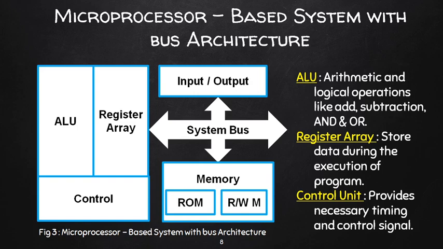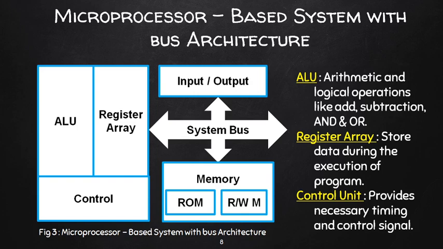As we can see, the microprocessor, input-output device and the memory are organized around a common communication path which is called the bus. It is nothing but a group of wires to carry bits.